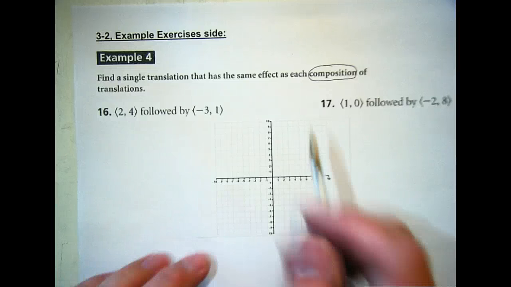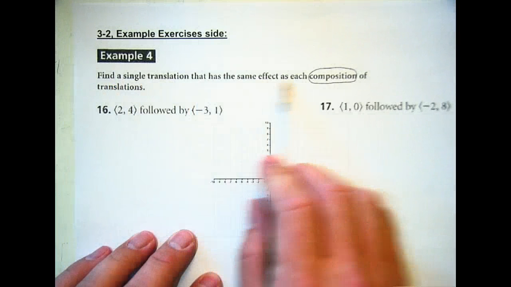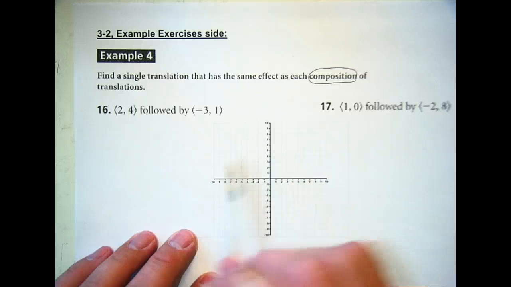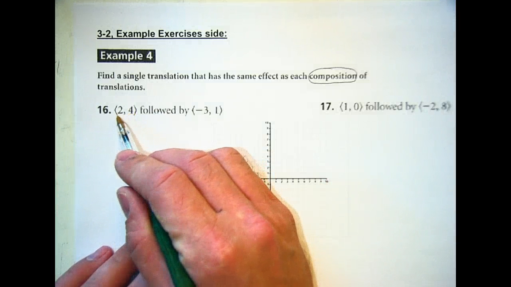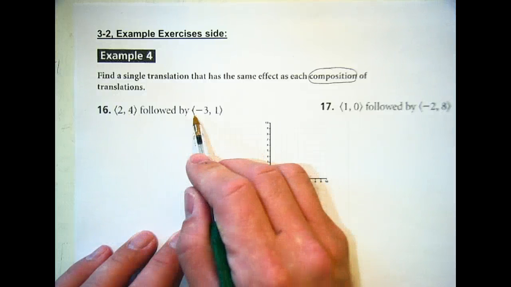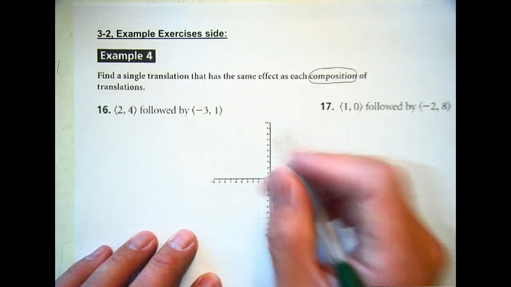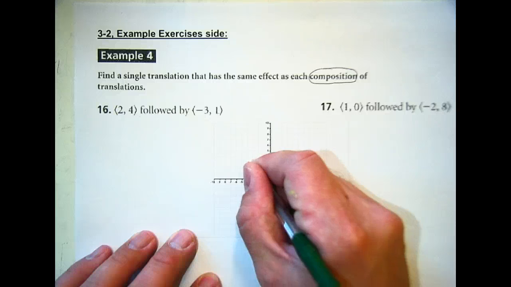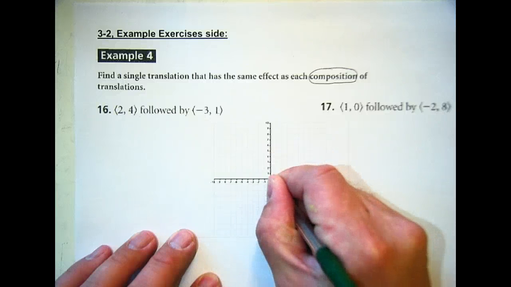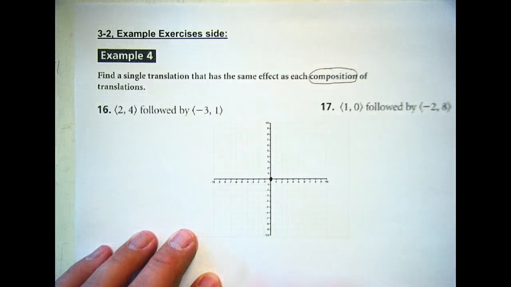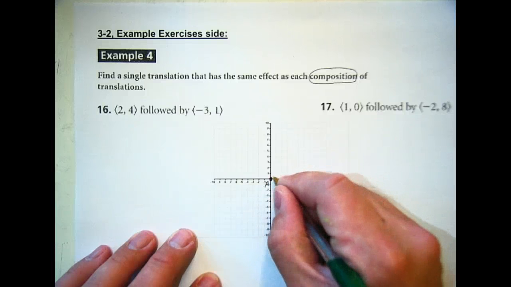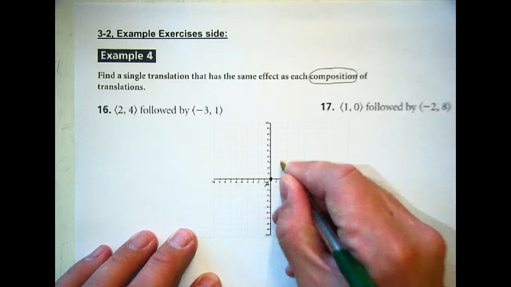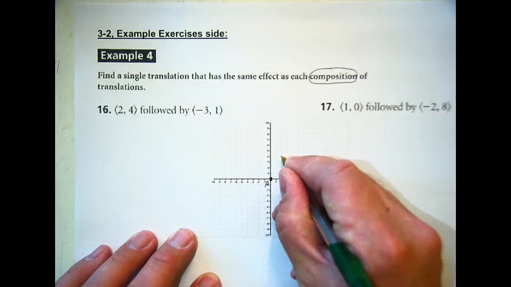So if you're working on this and it says find a single translation that has the same effect as a composition. Composition means multiple. So we're going to translate a figure by a vector of 2, 4, and then another vector of negative 3, 1. So for instance, if I had a coordinate right here at the origin, let's call it point A. If I moved it 2, 4, so 2 to the right and 4 up, it would now be there.